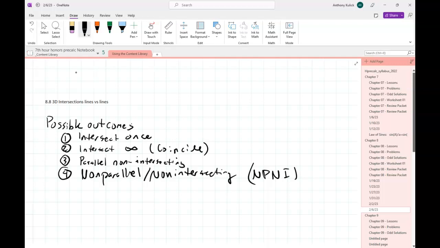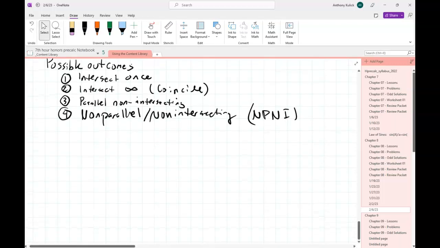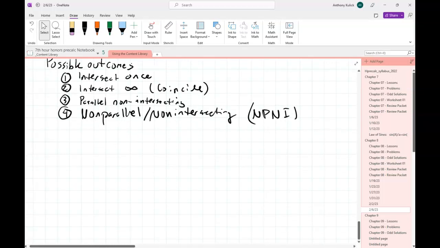I want you to be able to tell me which of those four situations is going on. So we're going to build a flow chart to help us work through a process. The flow chart is basically the same as the two-dimensional flow chart we built, just with an extra branch because we have four possible outcomes instead of three. Everybody's okay with that?